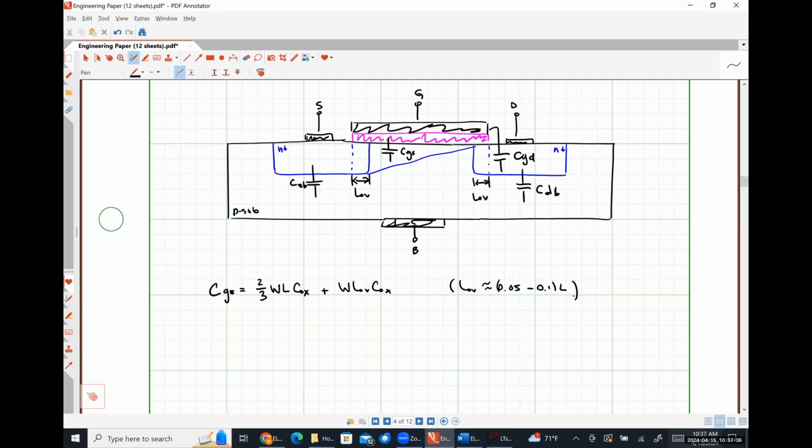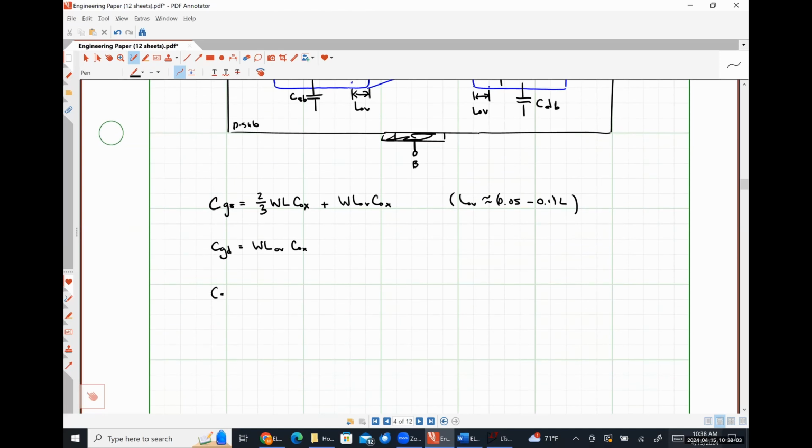So it just represents some fraction of the total channel length L. Our gate drain capacitance is just W times the length of the overlap times COX.